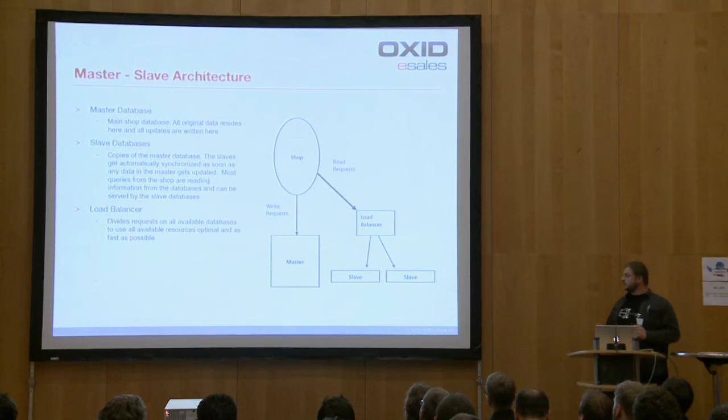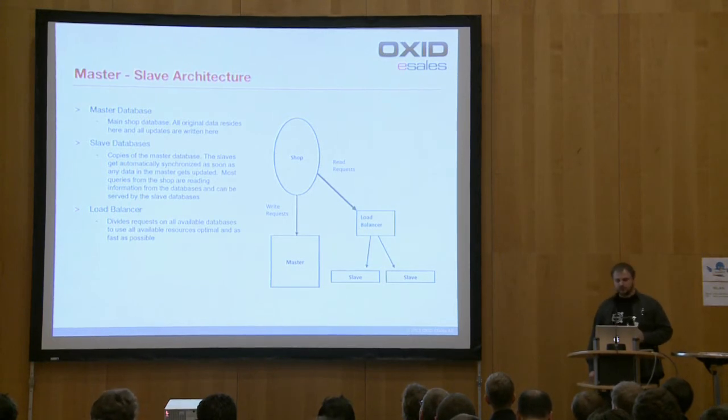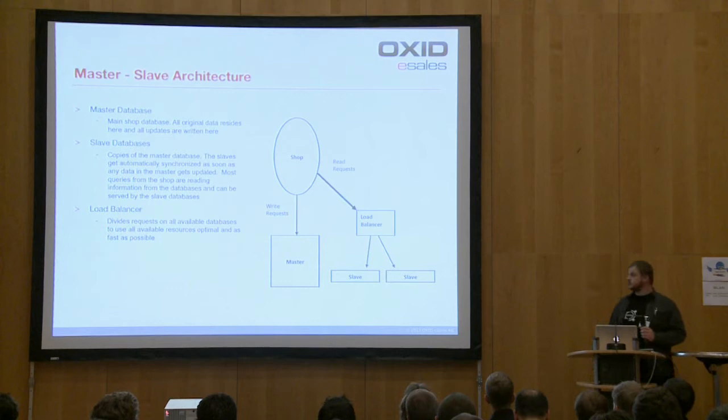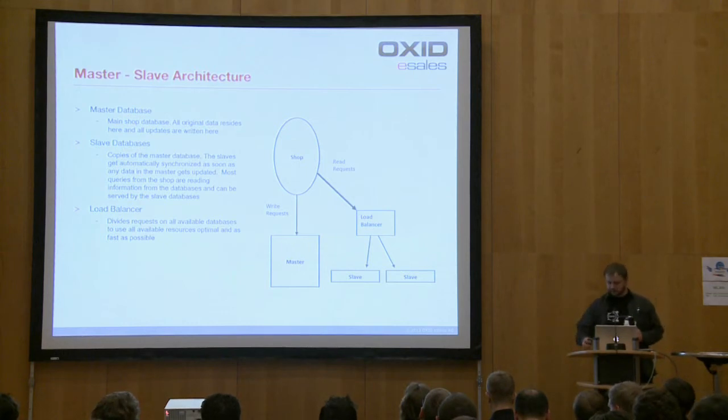So basically, in real time, we have the changed data on the slaves, so we can use it to render our page. If we have more than one or two slaves, we can use a load balancer, but this is optional. We can live without it.